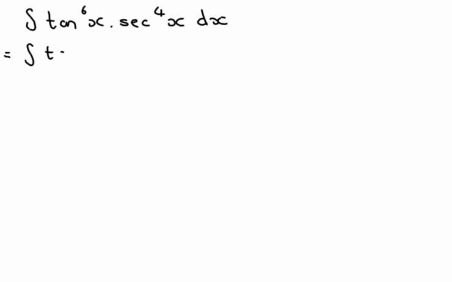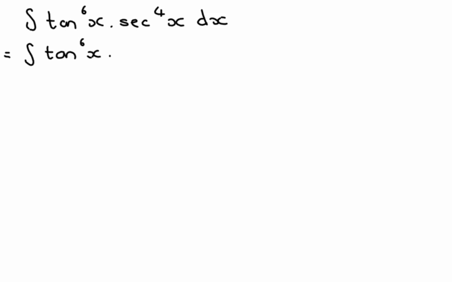Here we're dealing with the integral, question again, of tan to the power of 6x times sec to the power of 4x with respect to x. We want to take out one of those sec squared x so that we can use the identity and get it in terms of tan. So I've got my integral of tan to the power of 6x.